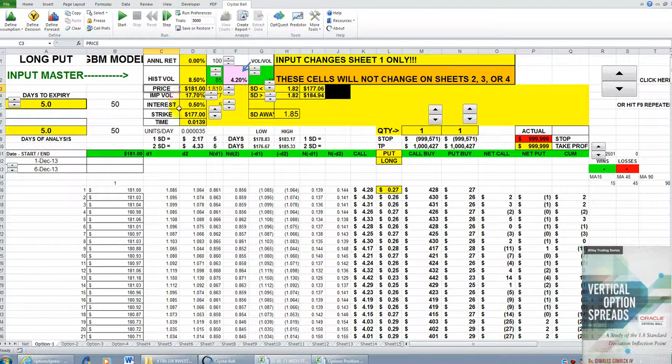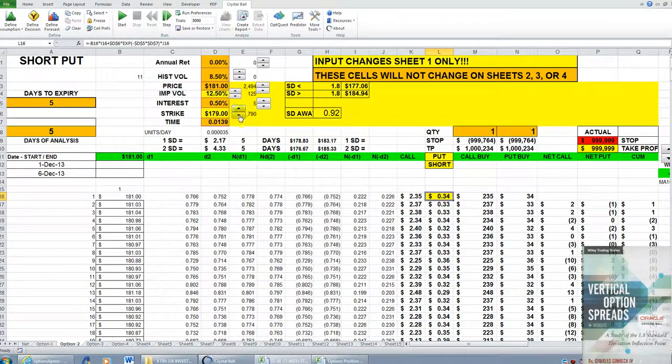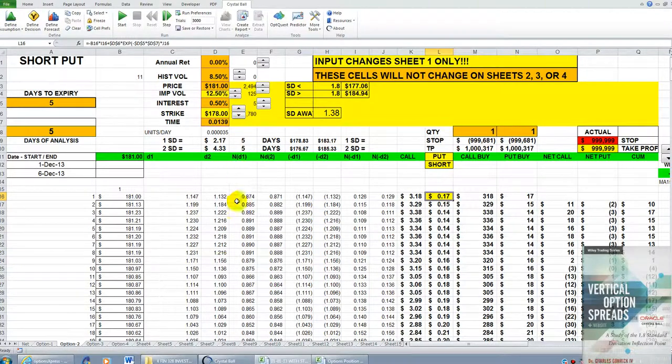So we've basically backed into what the market told us, the price of 27. Therefore, the implied volatility with that time to expiry and all the other assumptions we've put in is right around 17.7%. Now, we'll go to our tab option 2, our short put, and put in a 178 strike.